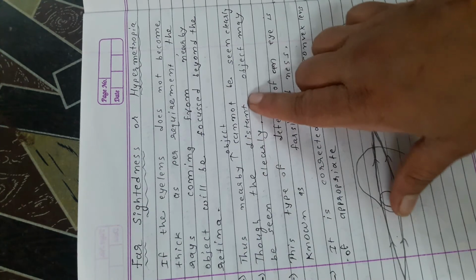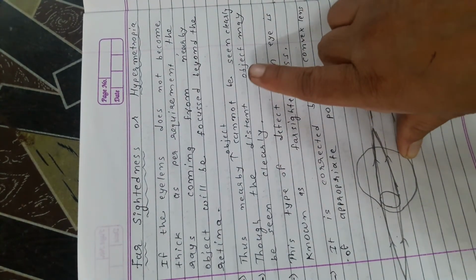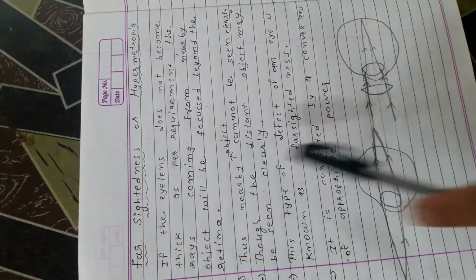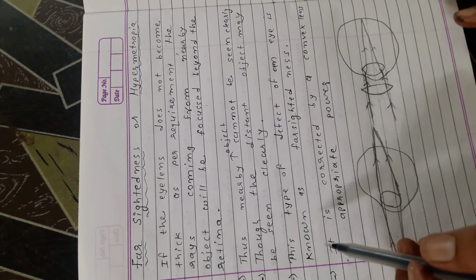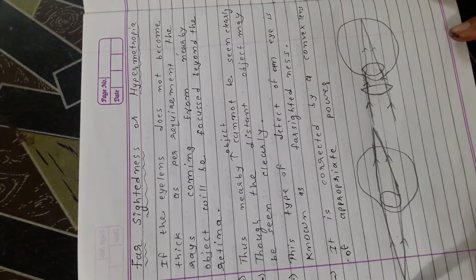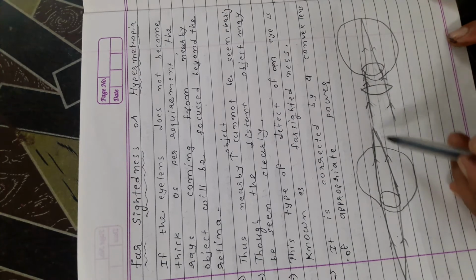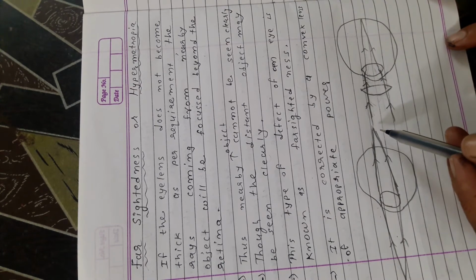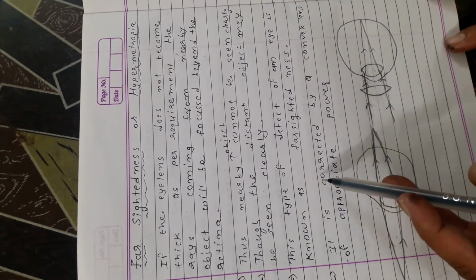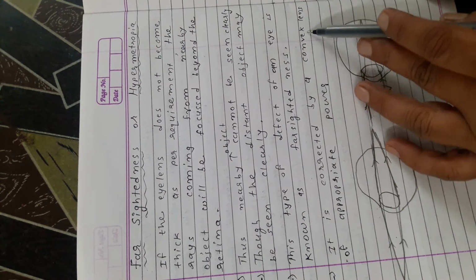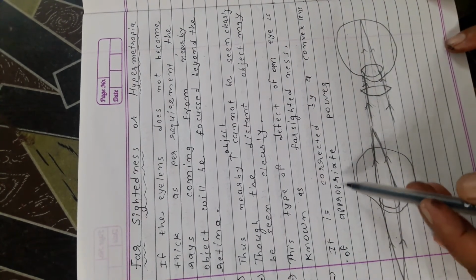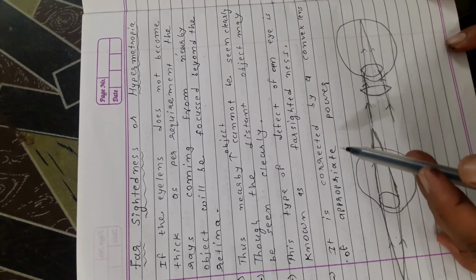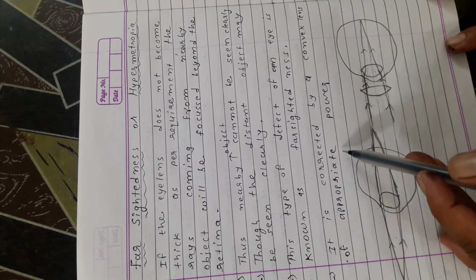So the nearby object cannot be seen clearly, but the far object may be seen clearly. This defect is called farsightedness. Here, when the rays come from the nearby object, the image forms beyond the retina. And so, to correct this defect, we have to wear the convex lens of appropriate power, that is, convex lens of appropriate focal length.